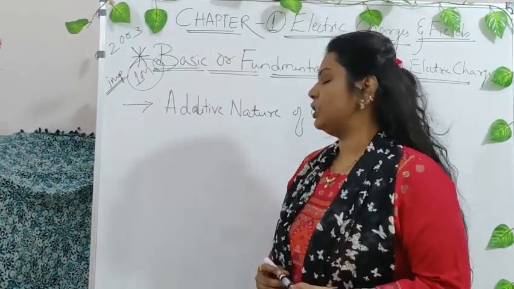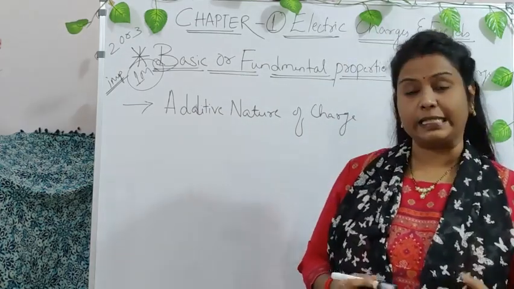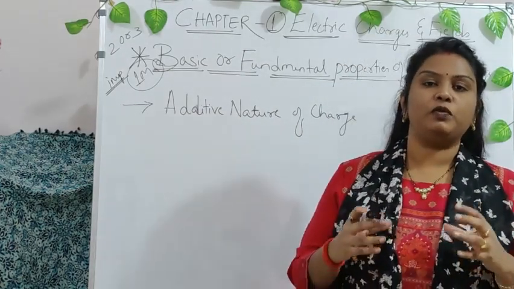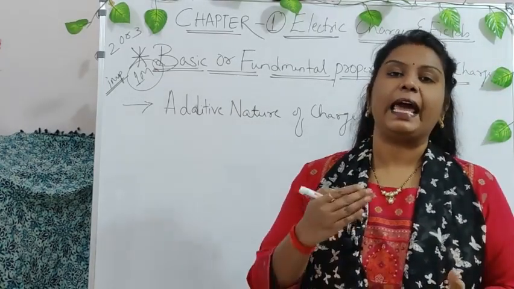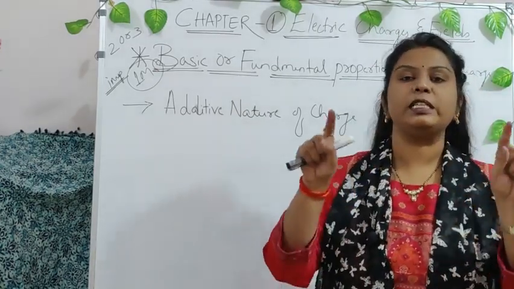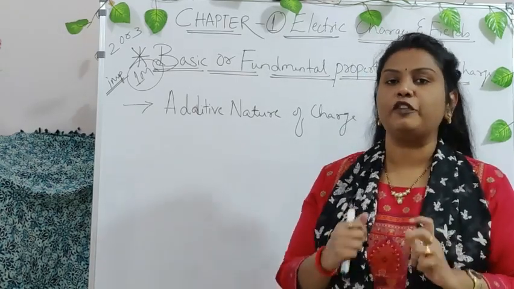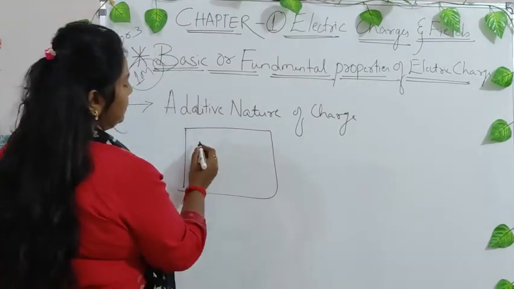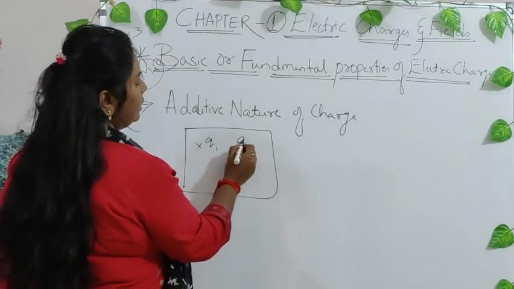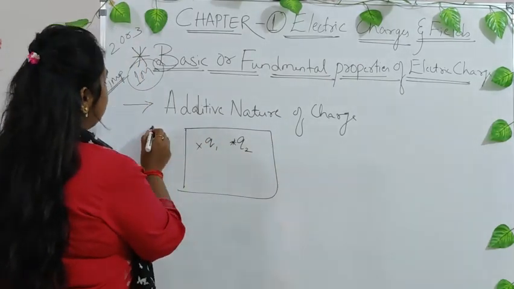What the additive nature of the charge explains is that the total amount of charge, or the net charge, of any system will be equal to the algebraic sum of the charges present in that particular system. For example, if you have a system and you have so many charges in it, say Q1, Q2. What does this Q represent?